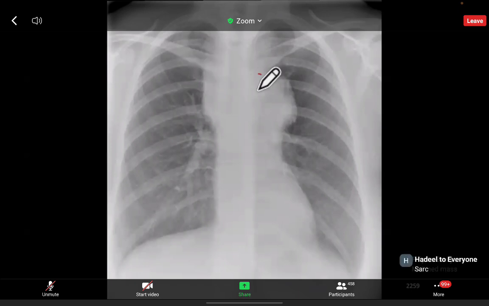There's the aortic knuckle, meaning that this lesion is not in the middle mediastinum. It fades as it goes above the clavicle. Therefore, it's an anterior mediastinal mass.